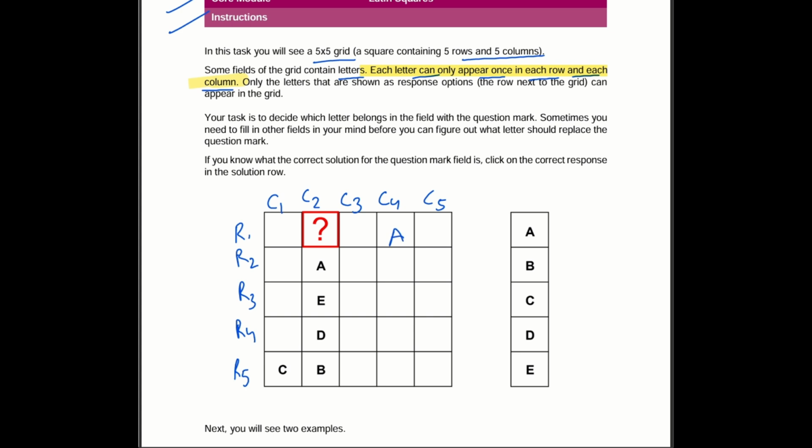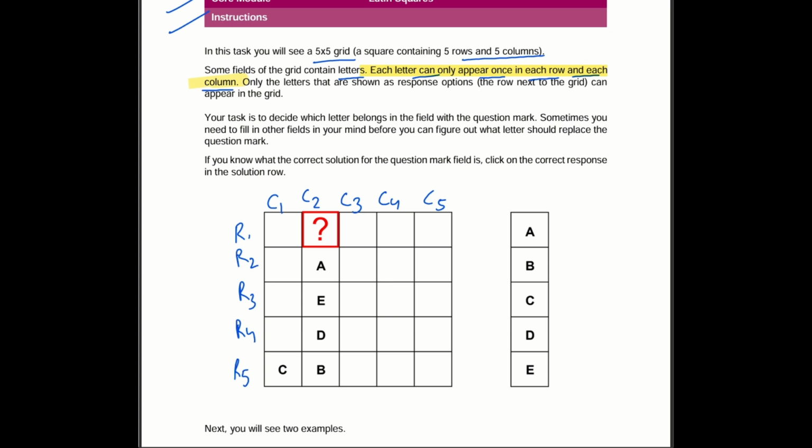For example, A, B, C, D, E are all unique letters. There won't be any chance that a letter, for example A, repeats again in the same column or in the same row. So basically, in every column or every row, one letter will appear only one time.